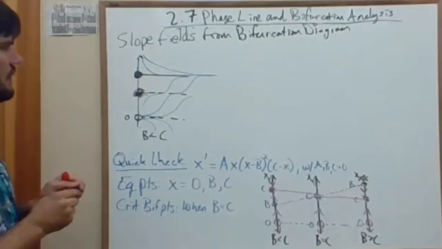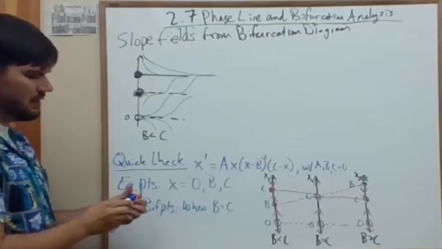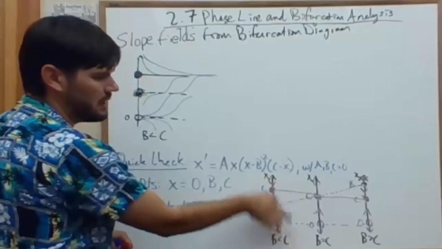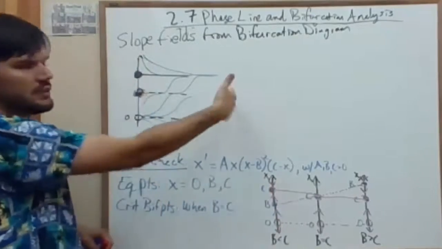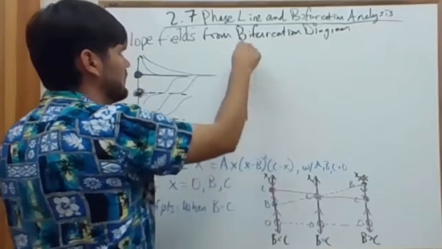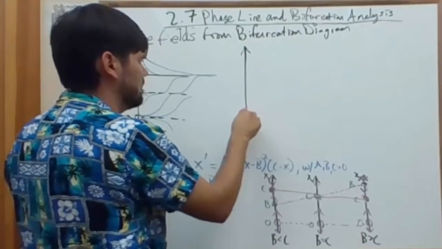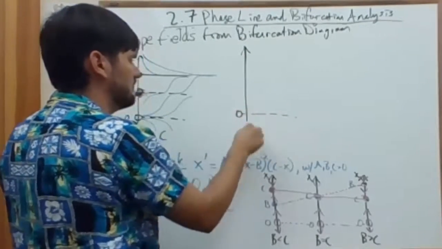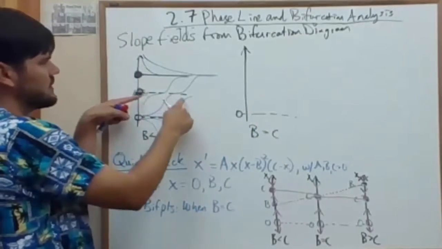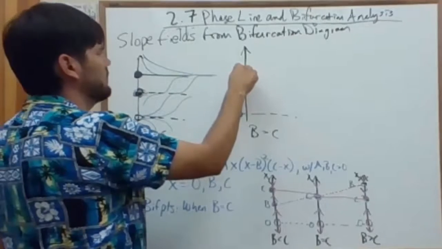So there is a family of solutions for the first case, pulling the book out from this spine, the phase plane, turning it into the slope field. When B equals C, what happens? Well, this just slides right up.